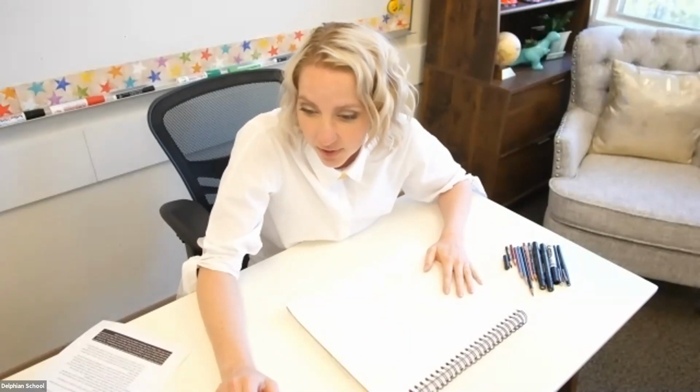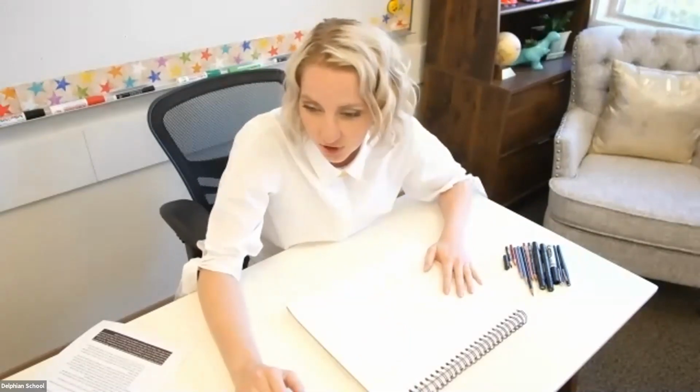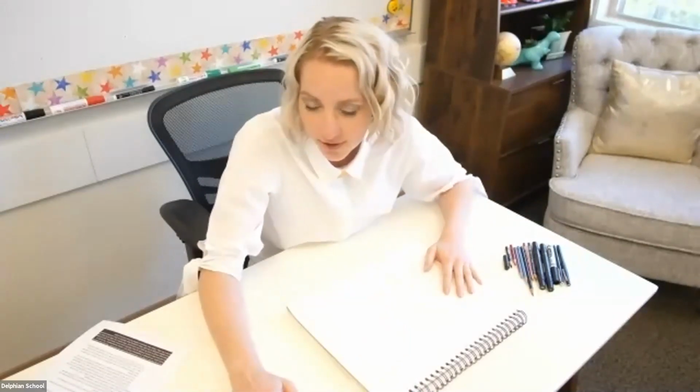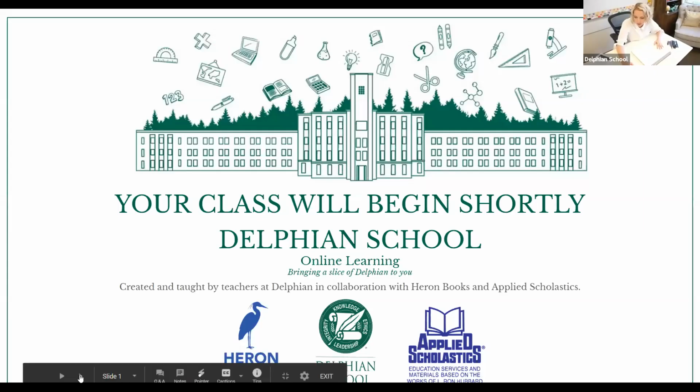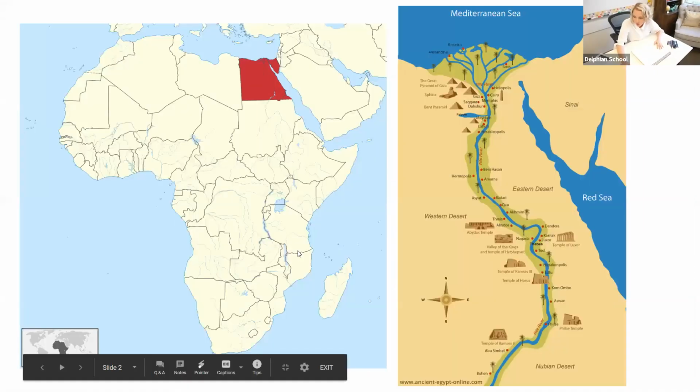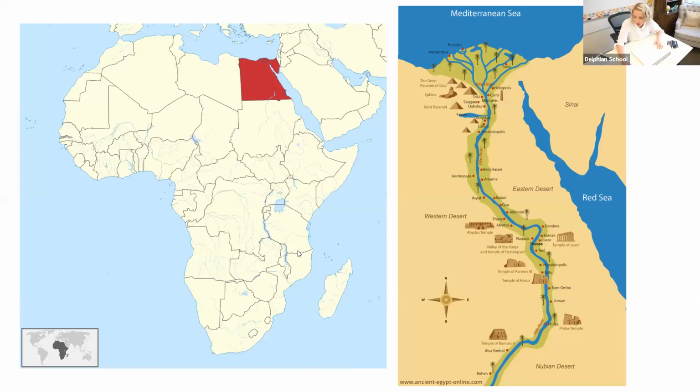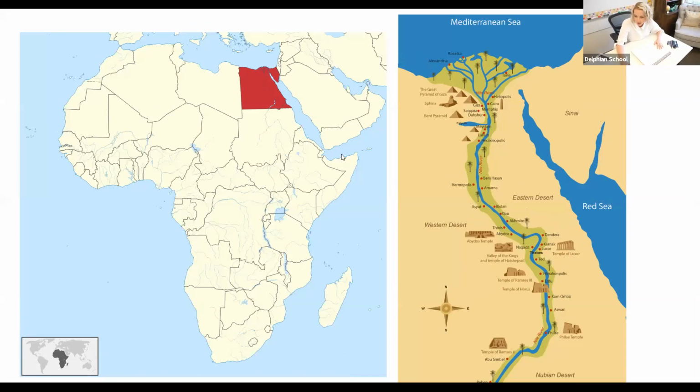Let's see, I'm gonna pull up some pictures first of some art that we're gonna talk about. So first of all, when we are talking about Egyptian art, we are talking about Egypt, which is in Northern Africa. It's the one that's in red right there on that map.